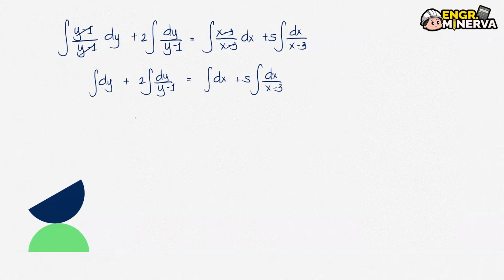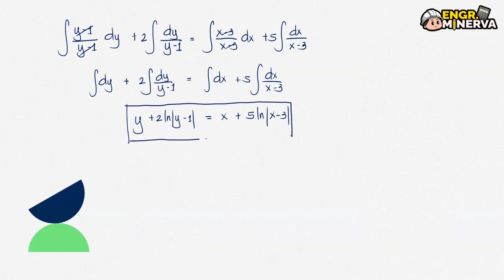And our answer would be y plus 2 ln of y minus 1 equals x plus 5 ln of x minus 3. Since in this equation we cannot isolate y, it is imperative that we stay with this implicit solution, and this is our final answer.